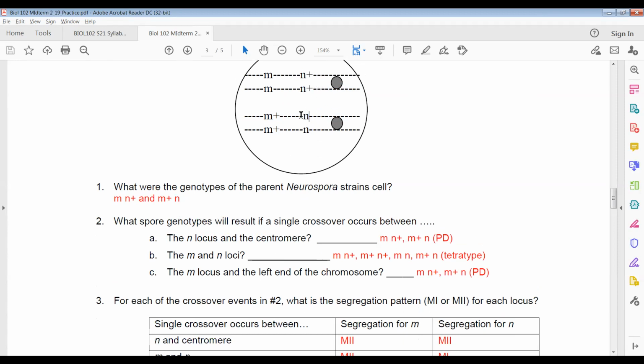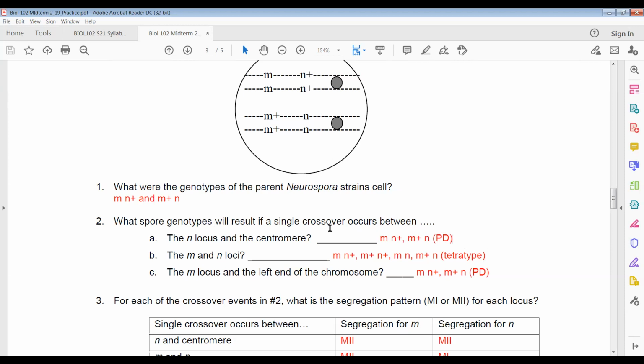This will be switched with this one. But it will not change the relationship between M and N, right? Because the crossover, if it occurs here and here, will not change the relationship between M and N. So the resultant spores will be parental type. Okay.